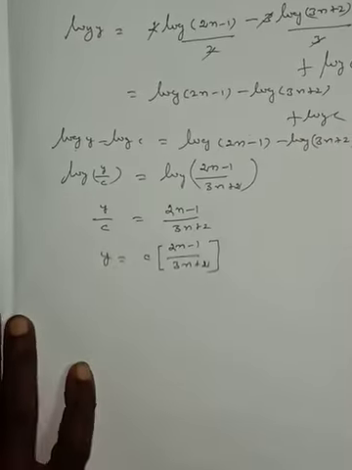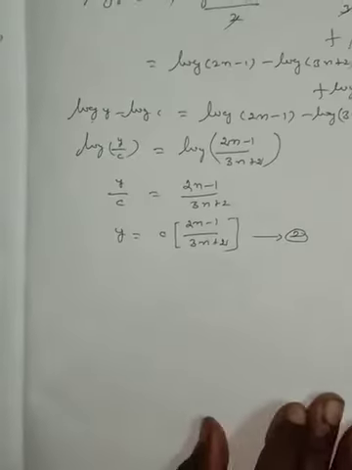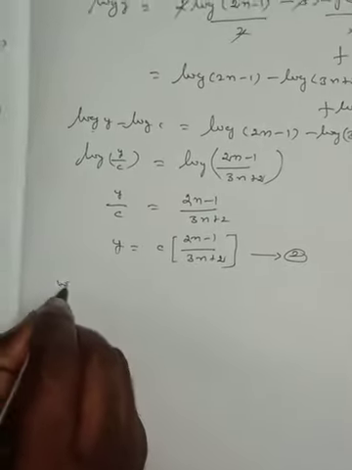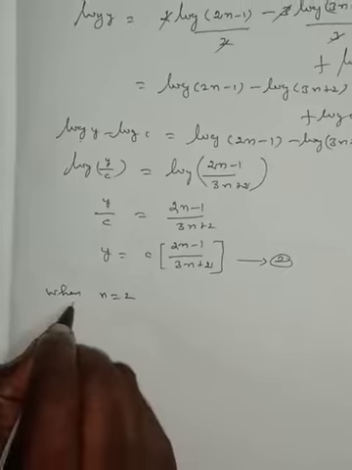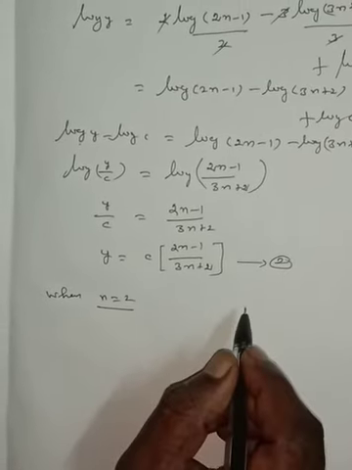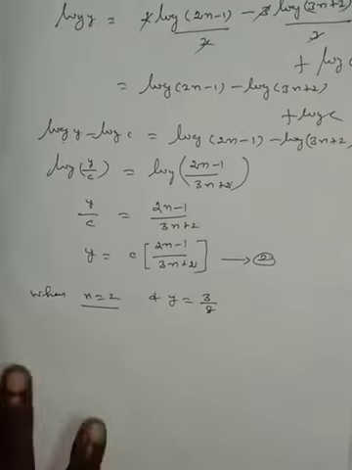Number this as 1. Then x is equal to 2 and y is equal to 3 divided by 8.